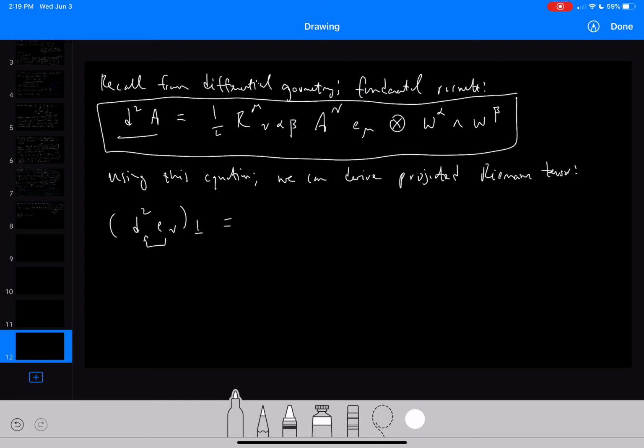I'll apply it twice to my basis vector here, and then I'll take the projection. And what you find is that this is very simply just the 5D Riemann tensor, so let's say mu v alpha b, and then E mu, because that's just following this formula that I wrote above. And then this is tensor product with the wedge product here.